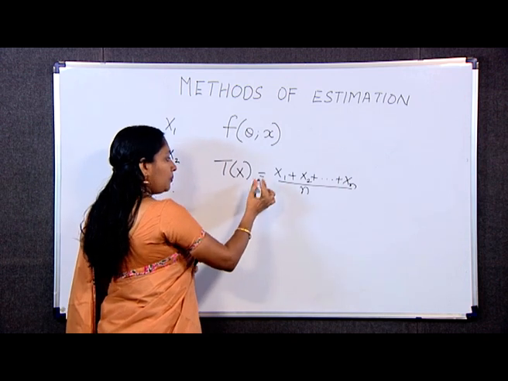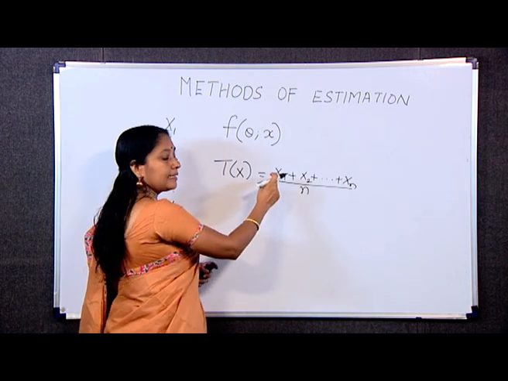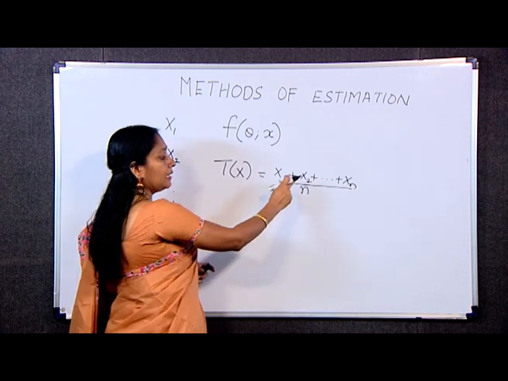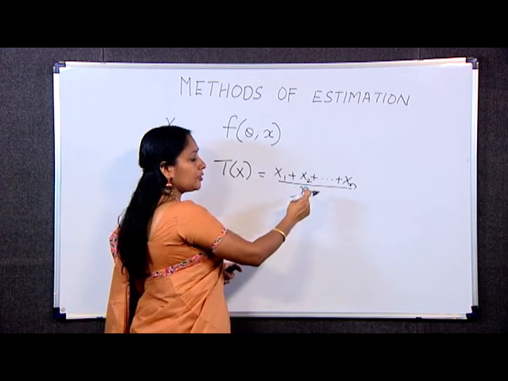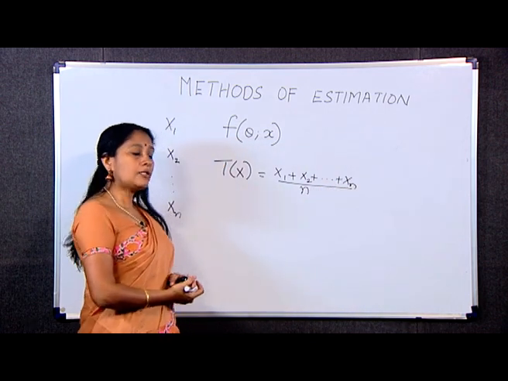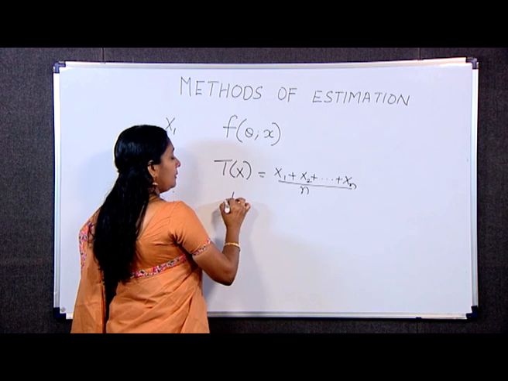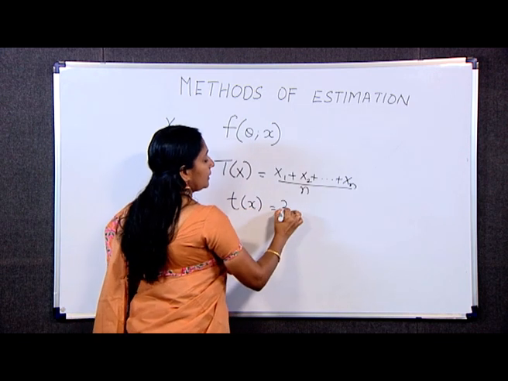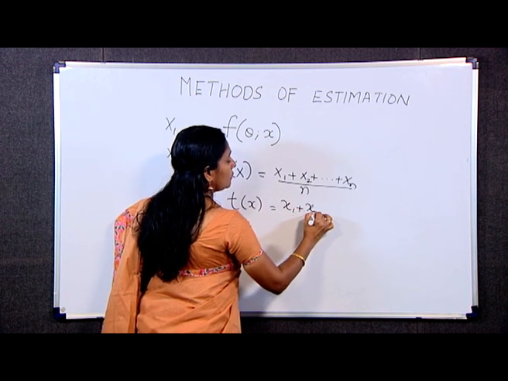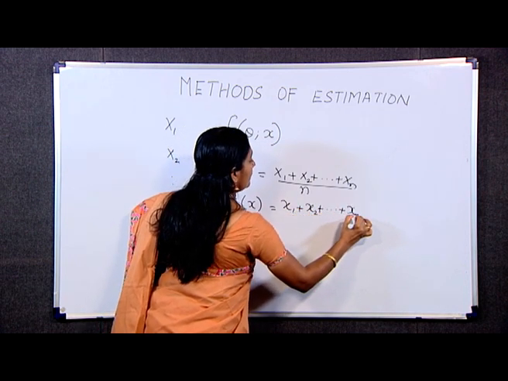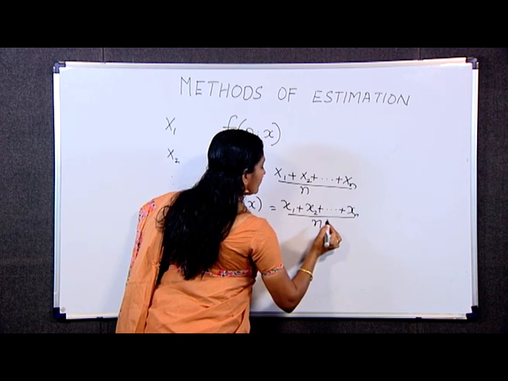Suppose capital X1 takes the value small x1, capital X2 takes the value small x2, etc. Capital Xn takes the value small xn, then small t of x is equal to x1 plus x2 plus etc. plus xn divided by n.